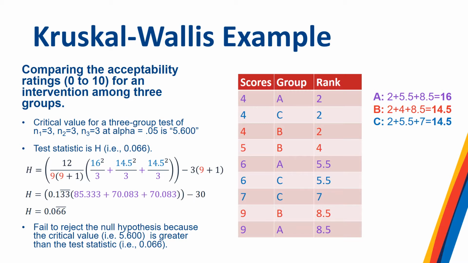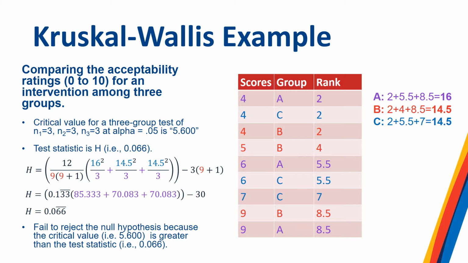And so the critical value I looked up from the textbook is 5.6. If you go look at that critical value table, this thing is pretty easy to interpret. It just has the sample size for each one, the alpha that you're interested in, and that allows you to grab your critical value, and then you calculate the test statistic.